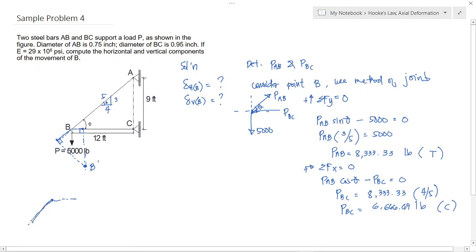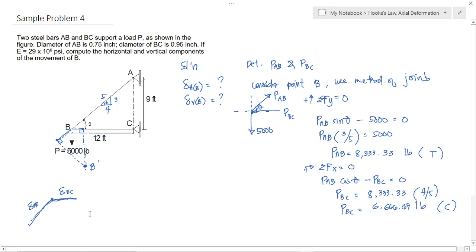So this will be the elongation of AB, and this is the shortening of member BC. Horizontal.